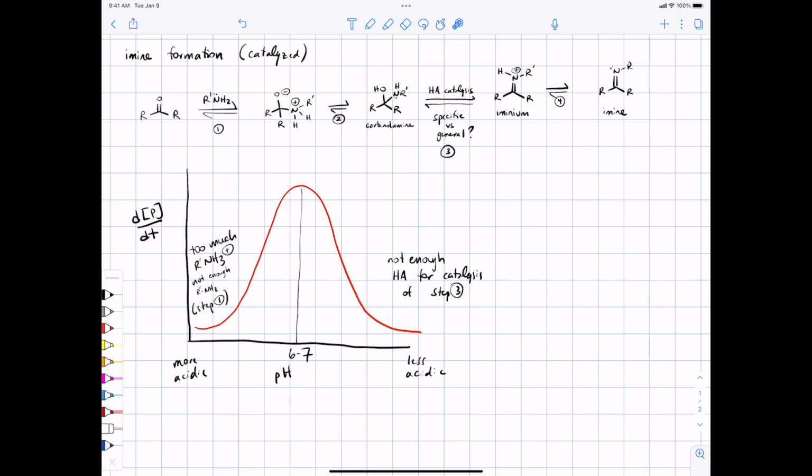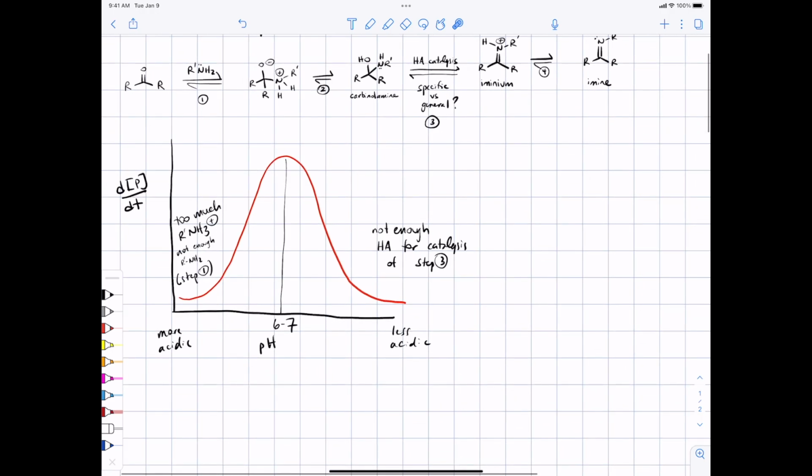And at lower pH values, you would expect to see perhaps specific acid catalysis versus general acid catalysis at higher pH values. And of course, at this intermediate pH, whatever it is, you're going to have sufficient amounts of both your amine and HA to facilitate the reaction.